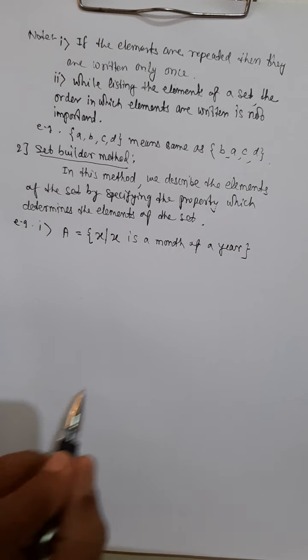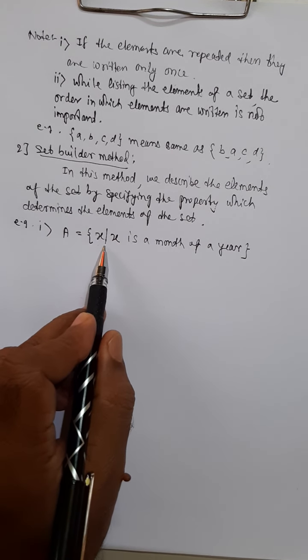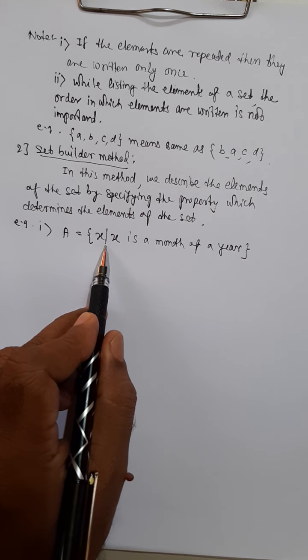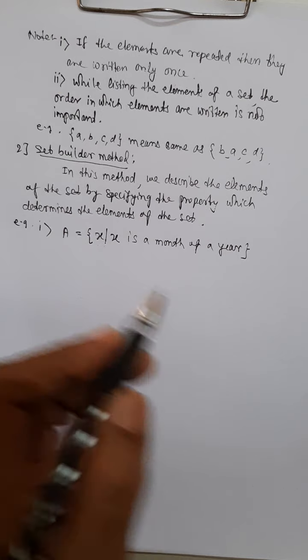Here the specific property is x is a month of a year, and A is the set of all x. The vertical line stands for such that.